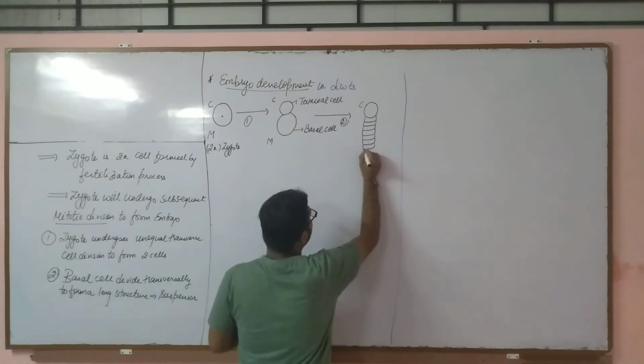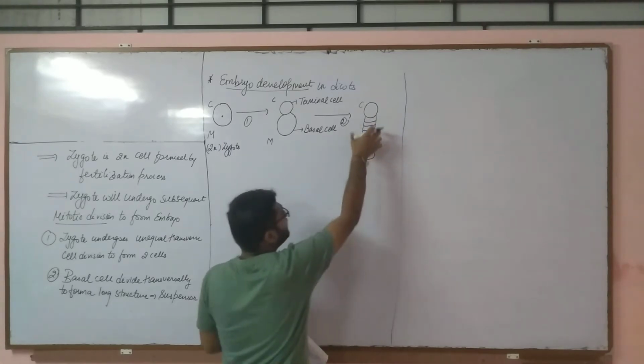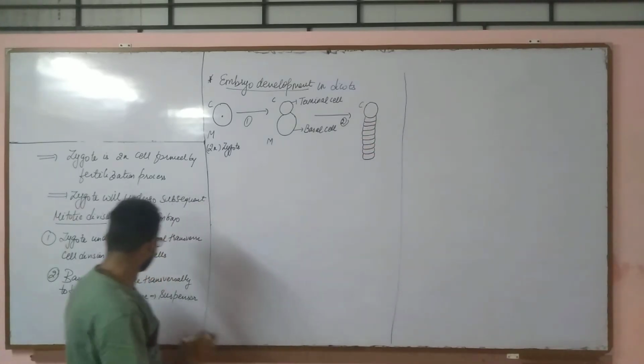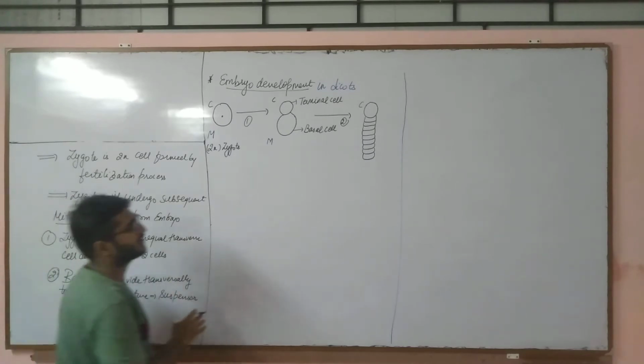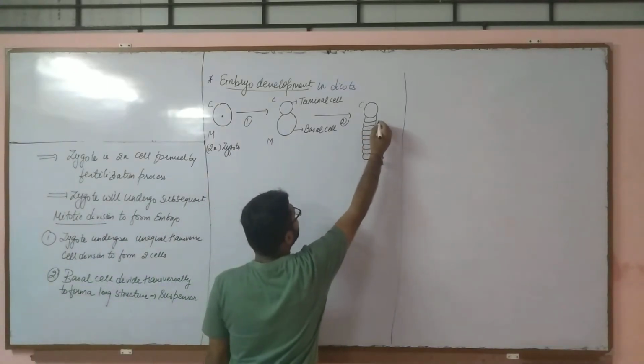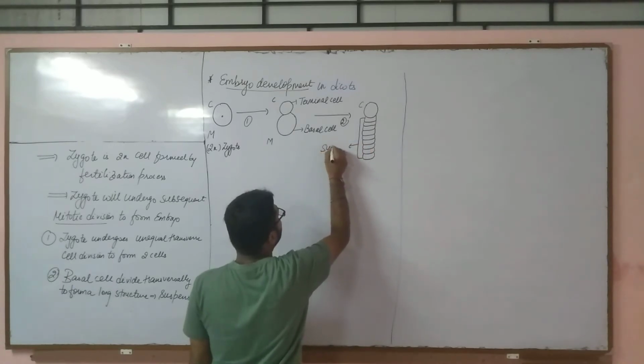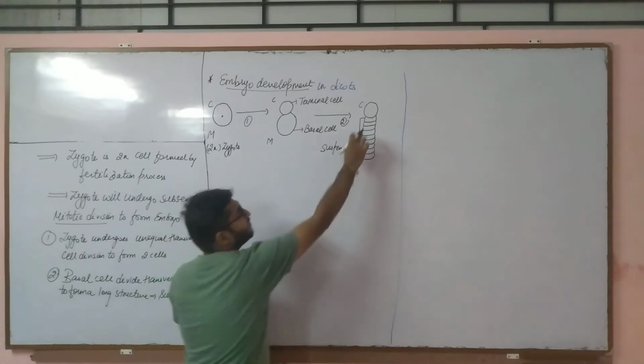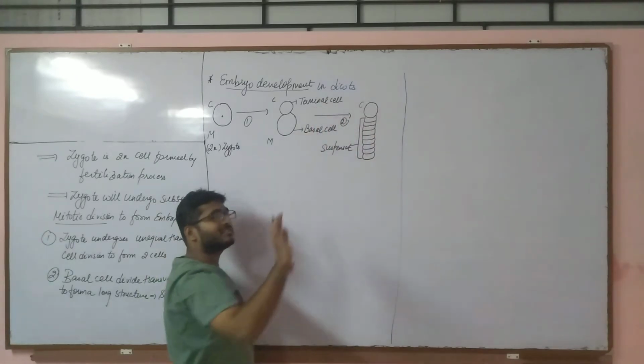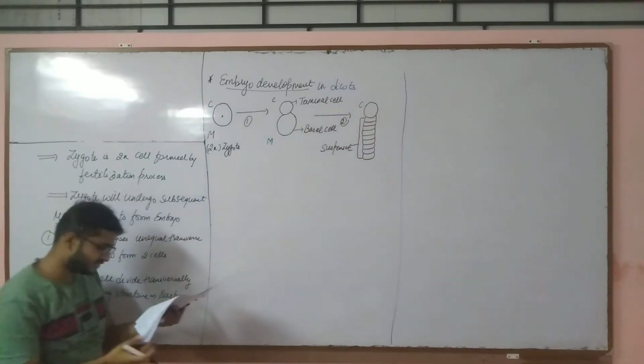So let us draw a few suspensor cells. This is the long structure which is called suspensor. The chalazal end cell, that is the terminal cell, remains as it is.